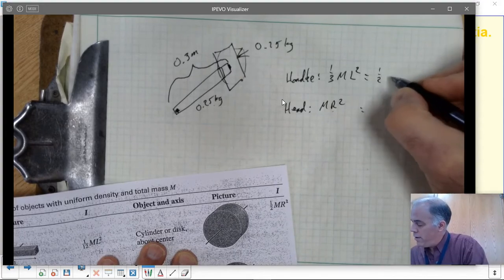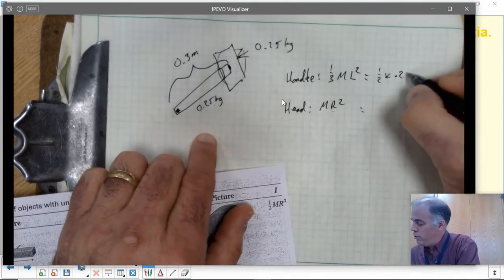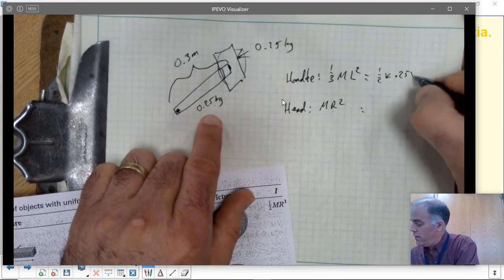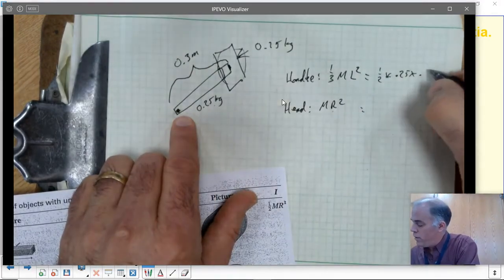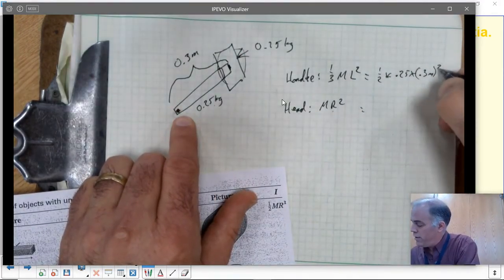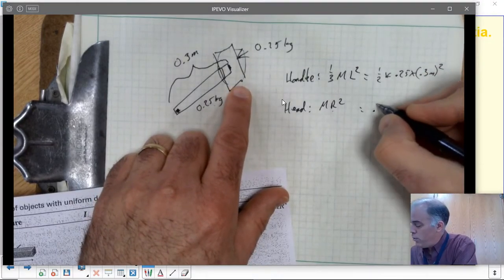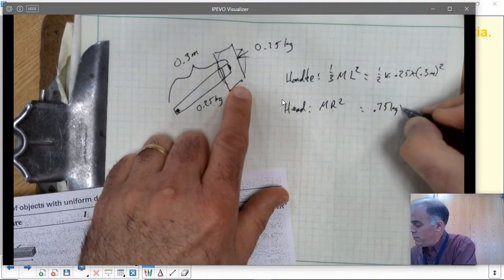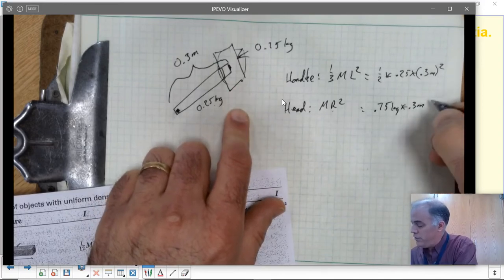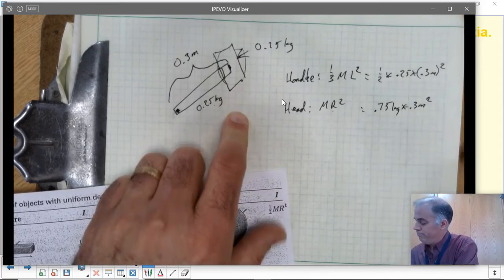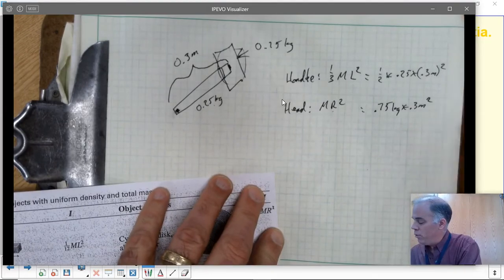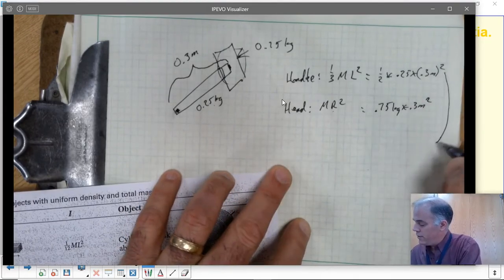So we get 1/3 times 0.25, that's the mass of the handle, times the length of the handle, 0.3 meters, quantity squared. And the head is the mass, which is 0.75 kilograms, times 0.3 meters squared. I'm running myself out of room here, so that's all right. Let's take this down here.